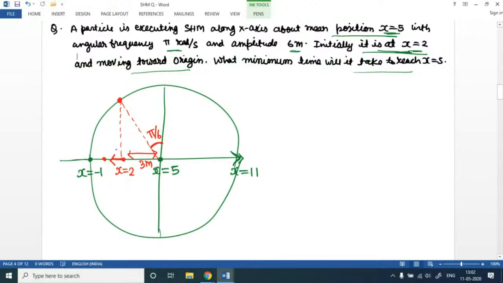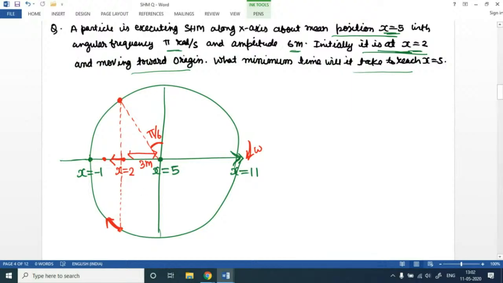If I take the clockwise direction as positive, then rather than this being the position, because it is moving toward the origin, you must say that it is here. Okay, because we generally take the clockwise sense of rotation. And it has to reach the origin.